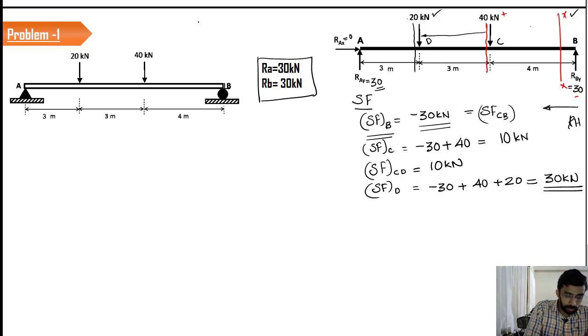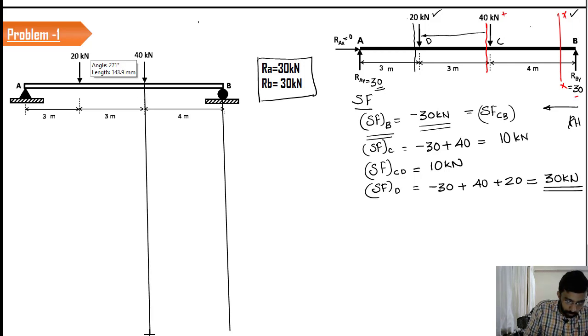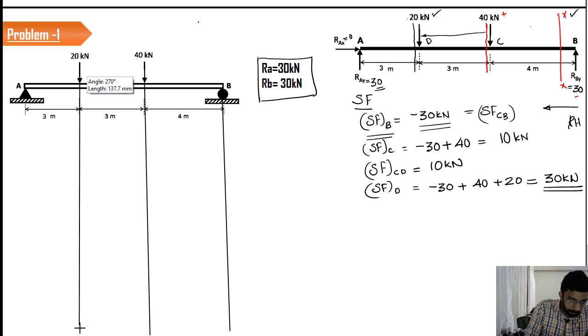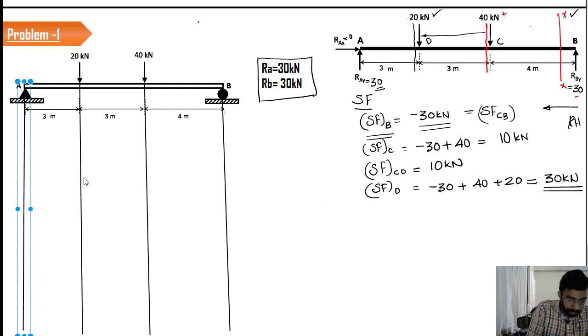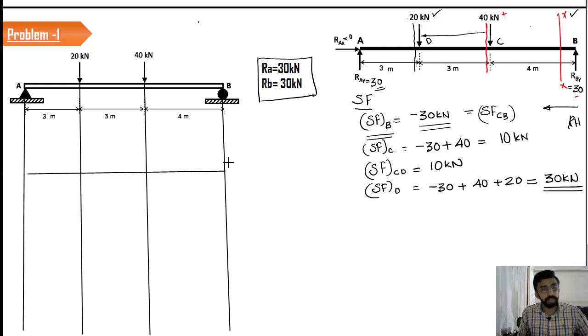Now it's time to plot the SFD. So I will draw some vertical lines to make things very easy. I will draw a reference line here, just for understanding purposes.